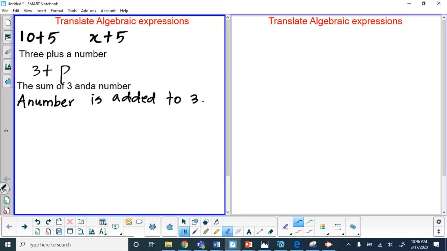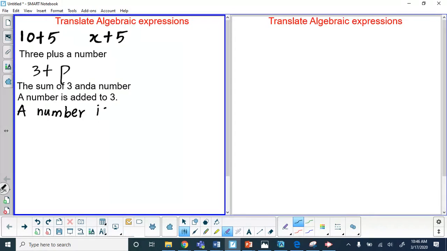And number three, a number is increased by three. So these are the three different ways to describe 3 plus p.